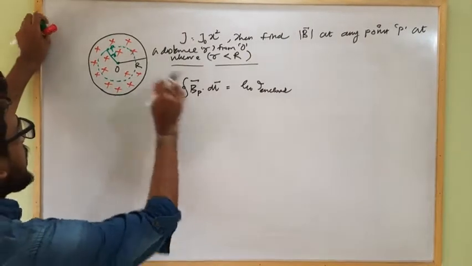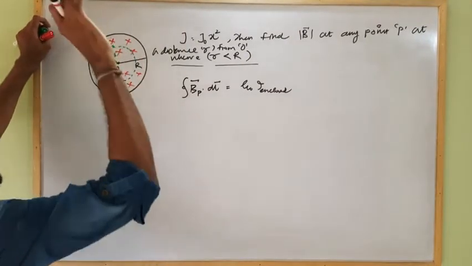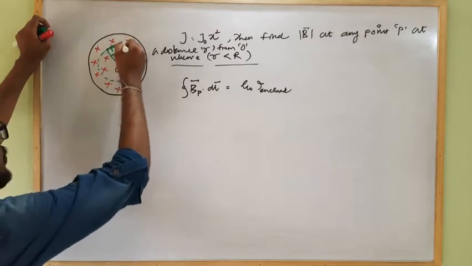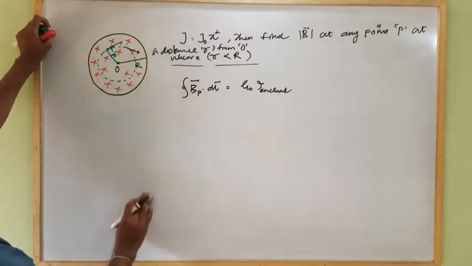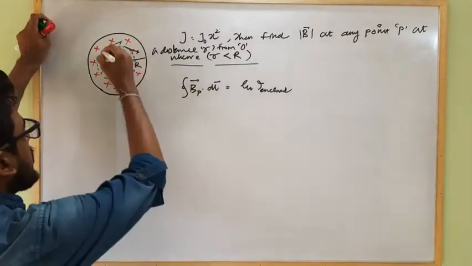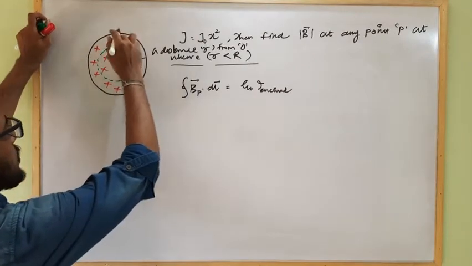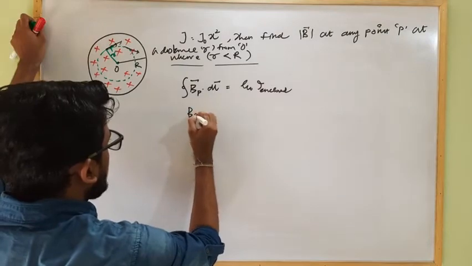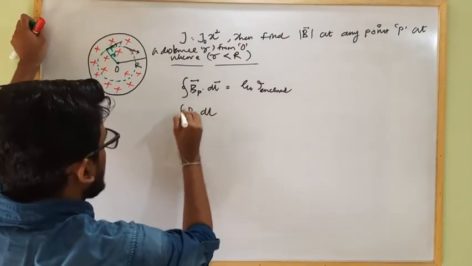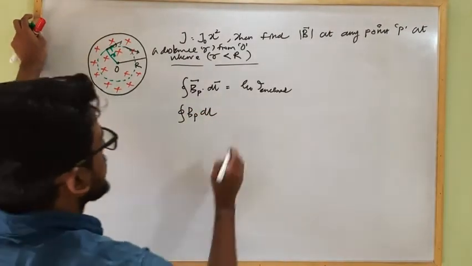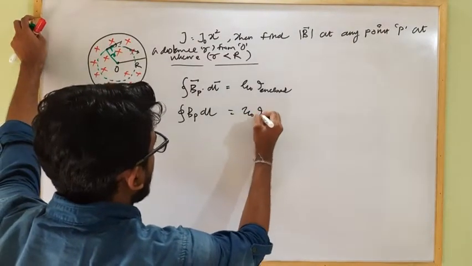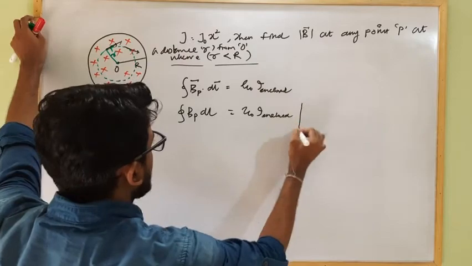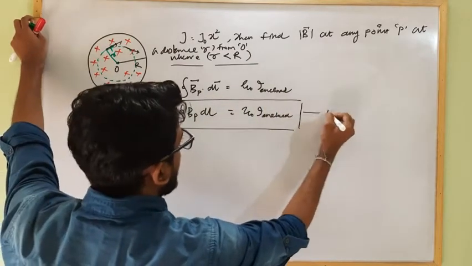Here B at P will be tangent at any point, clockwise, if current is moving into the plane, and we consider dl vector also along the same direction. So the angle will be 0 degrees, and it becomes B P times the closed integral of dl equal to mu naught I enclosed. Let this be equation 1.